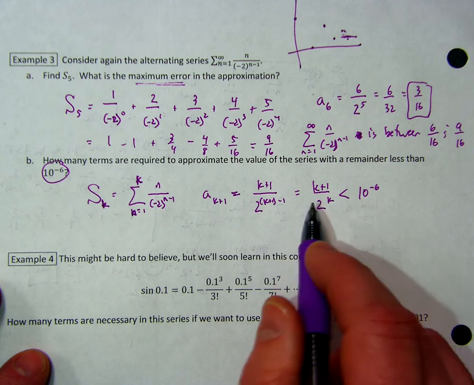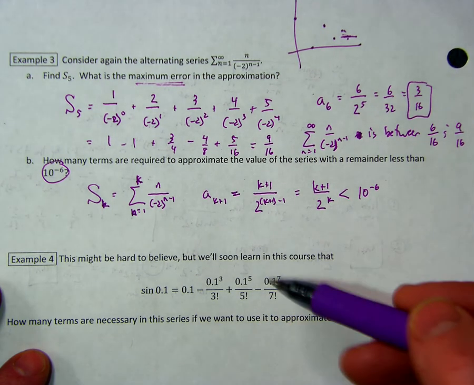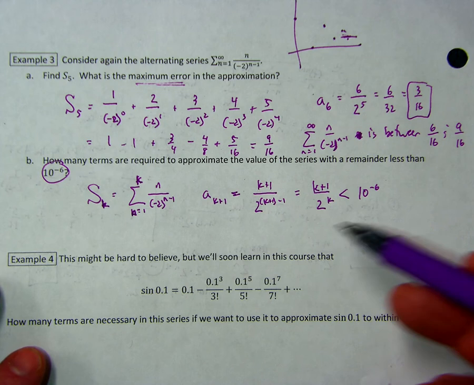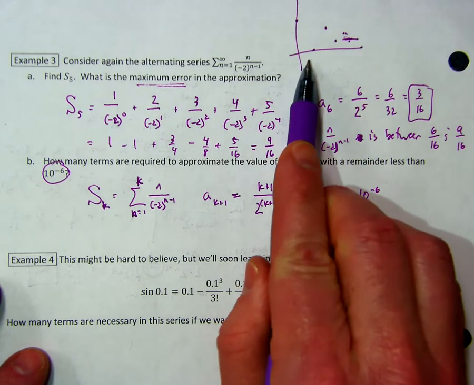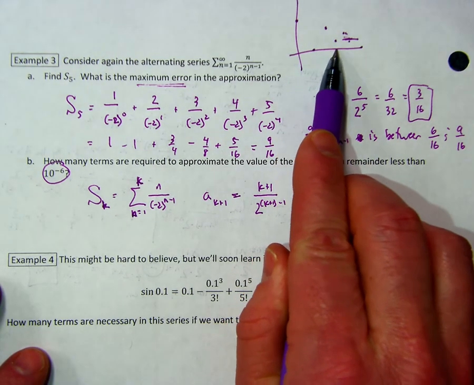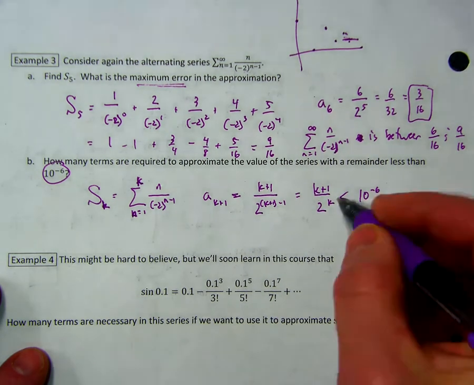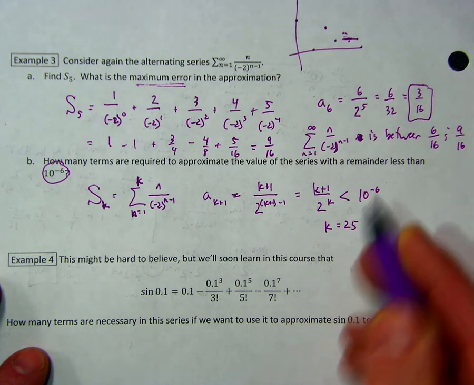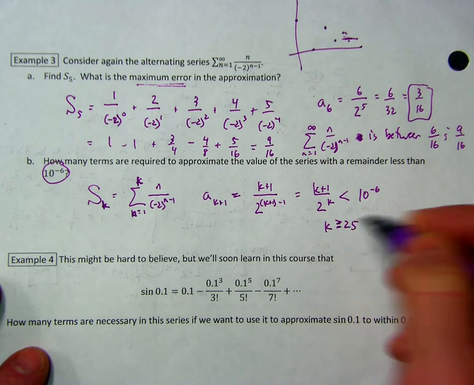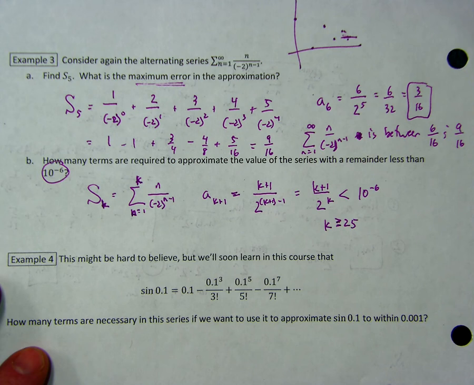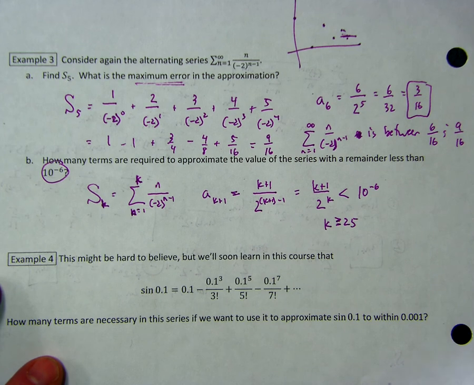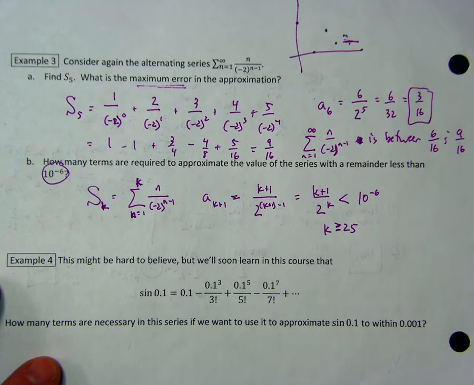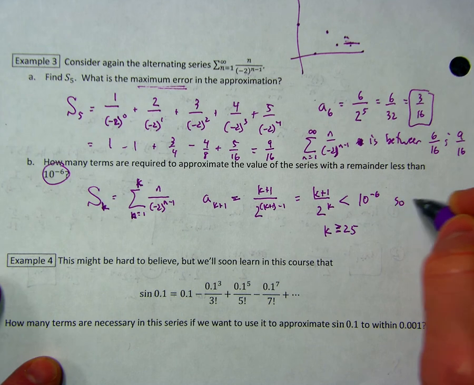I would probably use some technology, set those equal to each other and solve, and then round up, because we just have 1, 2, 3, 4, 5, etc. In fact, k is 25 is the first one. Maybe we say k has to be at least 25 to have an error less than 10 to the negative 6. So yes, we would need 25 terms.